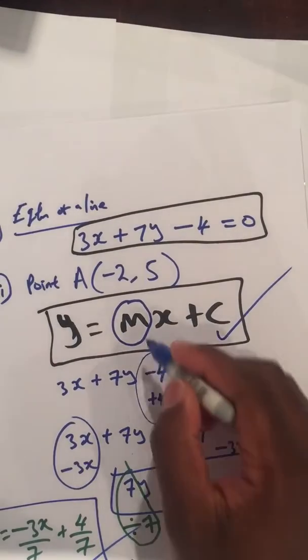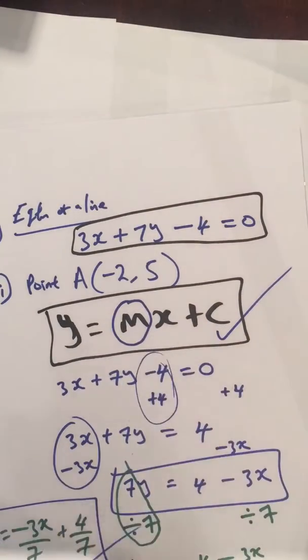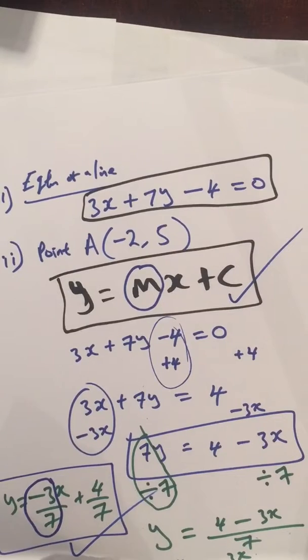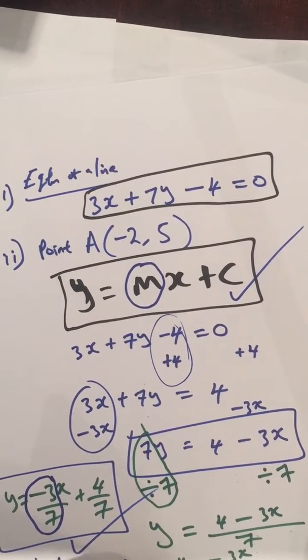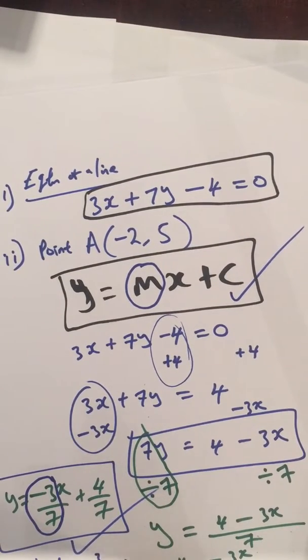Obviously, the guy that has taken the place of m here is anything else apart from x in the first term. So that is negative 3 over 7. So the gradient is negative 3 over 7.